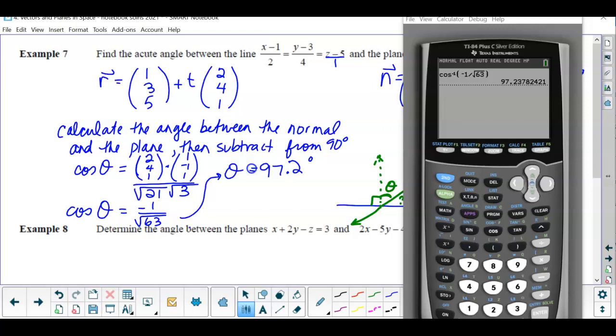So that means the angle is with the normal to the line. So there's the normal, and the line, say, is on your right there, a little bit more, okay?